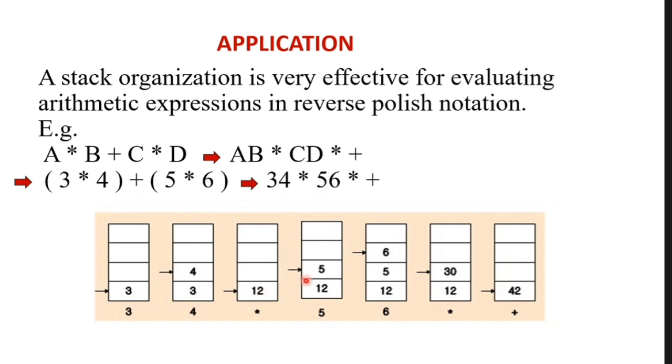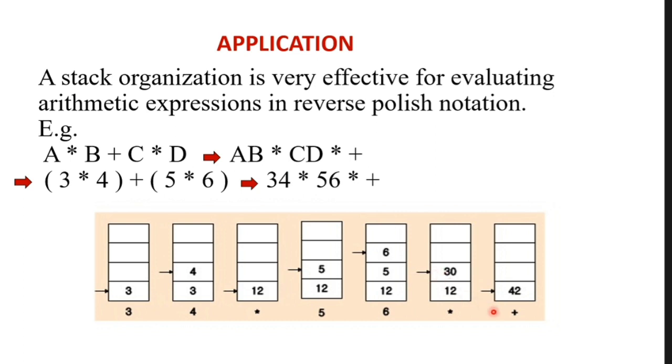For the next instructions, I will use push 5, push 6, and again the zero address instruction, multiply. In this case again the top two elements will be popped, which are 6 and 5. They will be multiplied, and the result will be pushed in my stack memory.